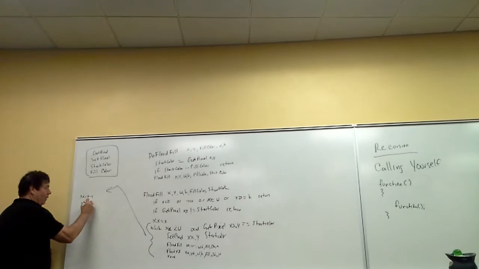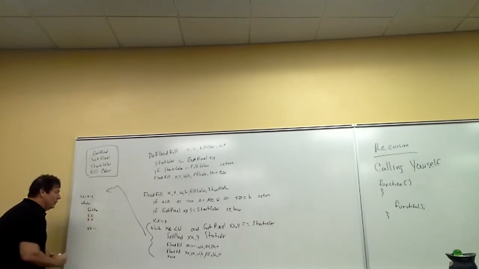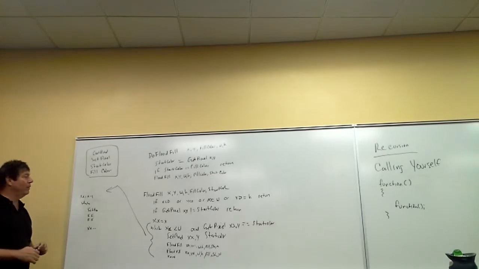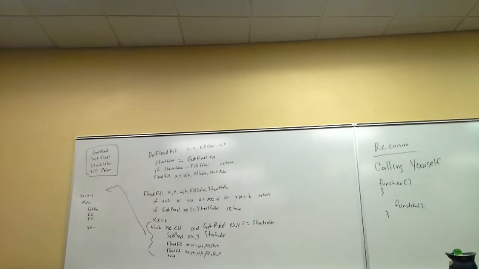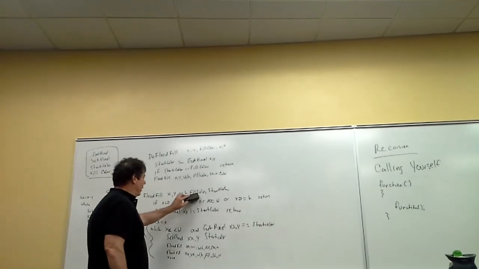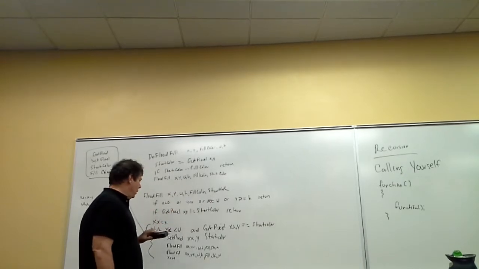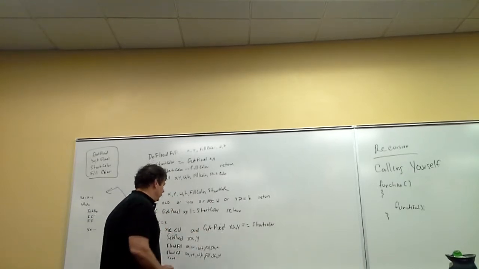So we have while, set pixel, recursive call to flood fill, recursive call to flood fill, and then xx minus minus. And so that will be your flood fill. But the set pixel is the fill color, not start color.